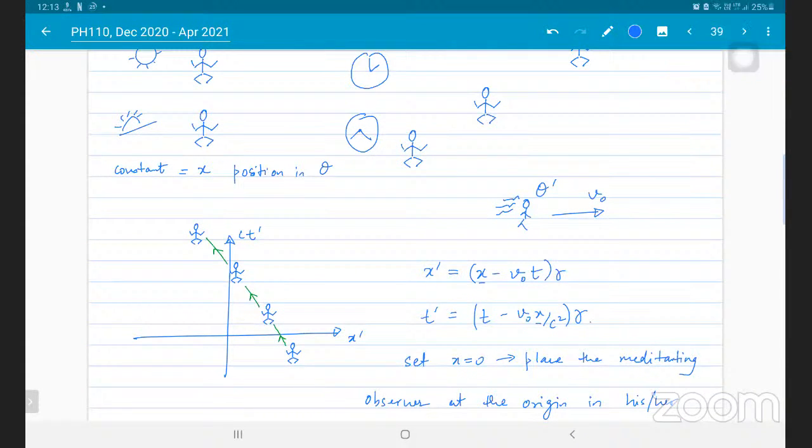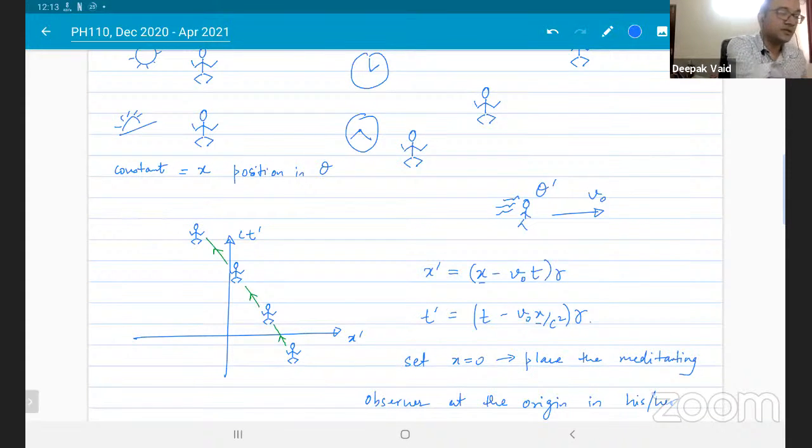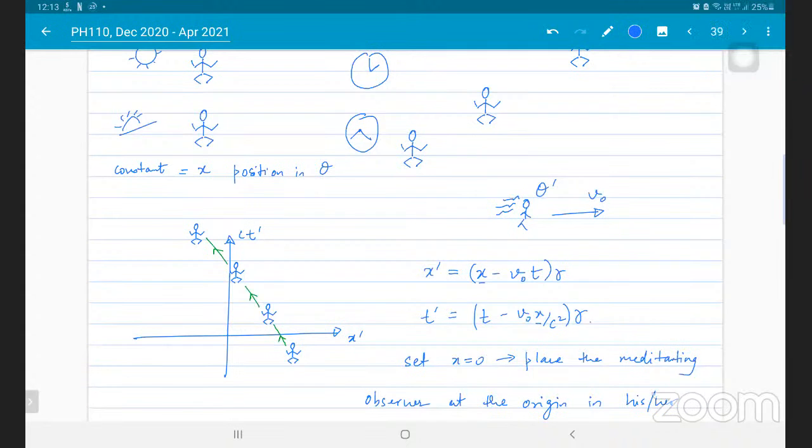When you look at time intervals for a moving observer, the time interval, just 1 second, please, somebody's ringing the bell.